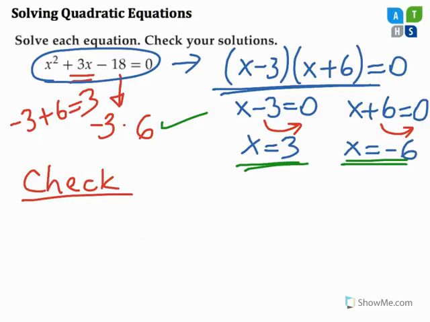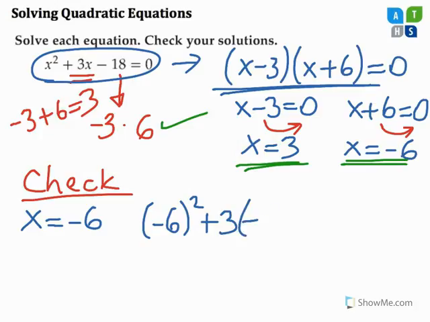Okay, I'm going to check now x equals minus 6 in the original equation to show that both checking property works. Now, for x equals minus 6, I will have minus 6 squared plus 3 times minus 6 minus 18, which should be equal to 0.